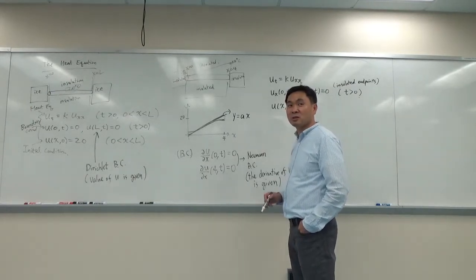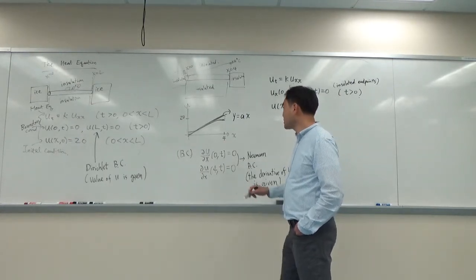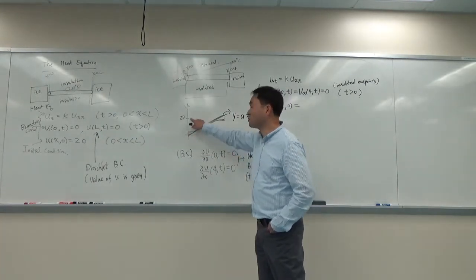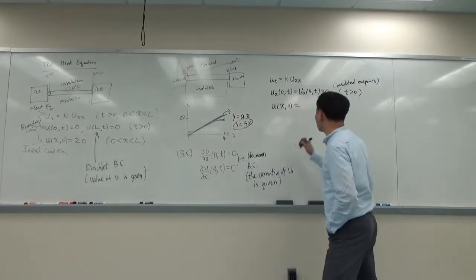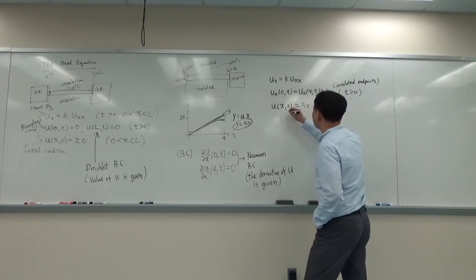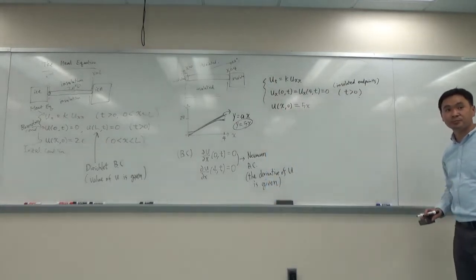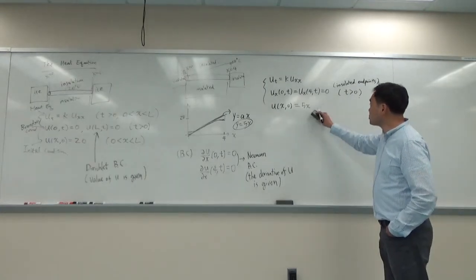Anyone quick with mental math? I have a straight line, and it has to pass through (4, 20). So a is 5, right? Yeah. That would be our initial condition. And I hope to solve this one today.